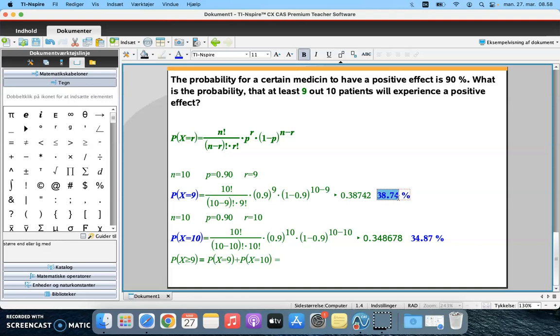So we have this number here plus this number here, which gives us 73.61%.